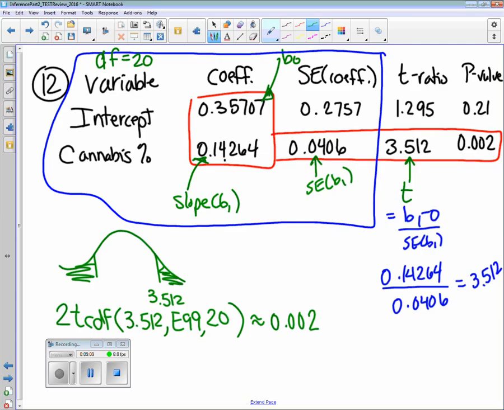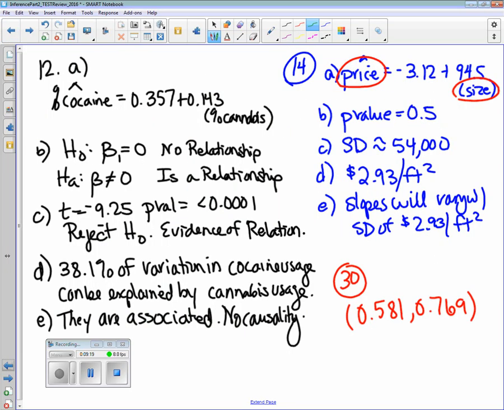But there's your printout. Going back to problem 12, in part A, it asks you to state in context what the regression says. So let's go back. So in context, what the regression says just is using your variables. The context of this situation is, if you use cannabis, are you more likely to use cocaine?